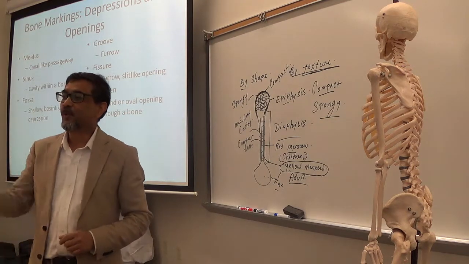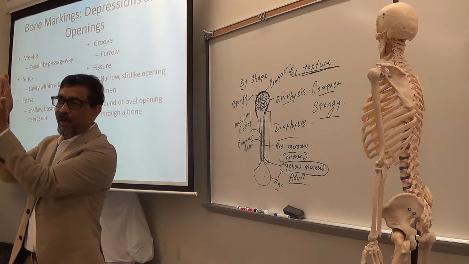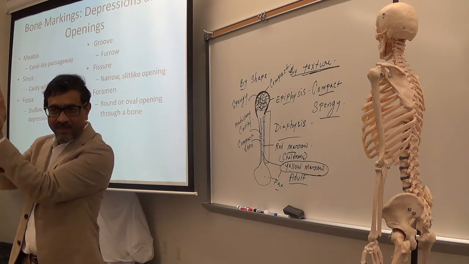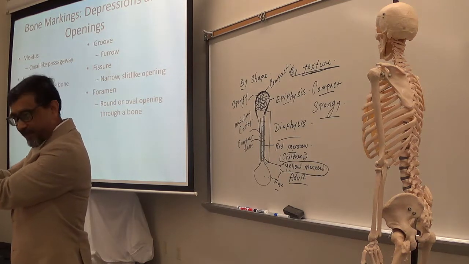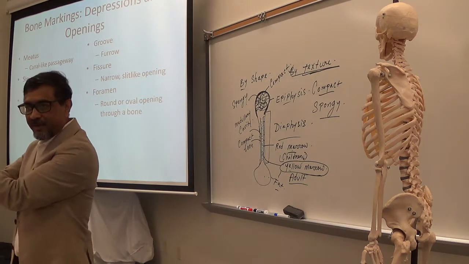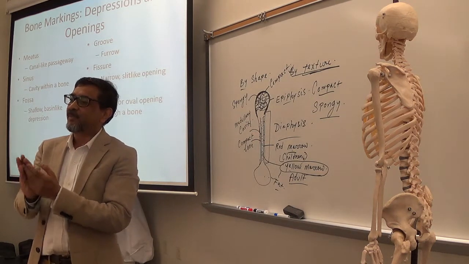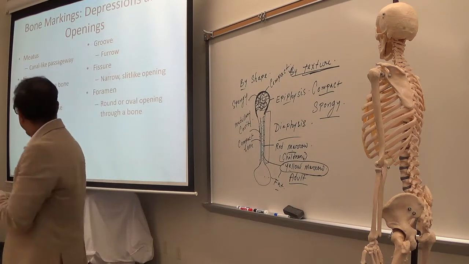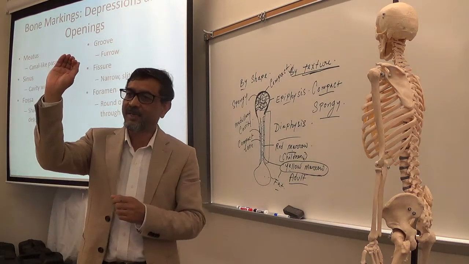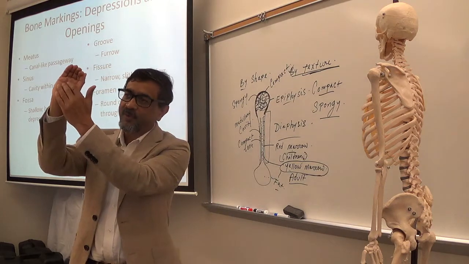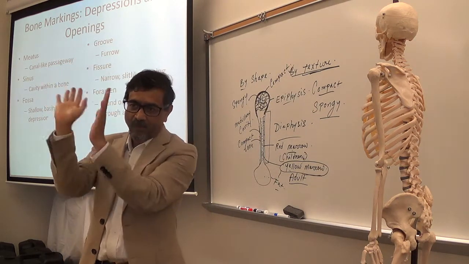So a groove is like this, an elongated depression, in which a blood vessel or nerve can nicely fit or lie. If the depression is sink-like, kind of round, that is a fossa. If it is long and elongated for a blood vessel or nerve, that is a groove. Okay.